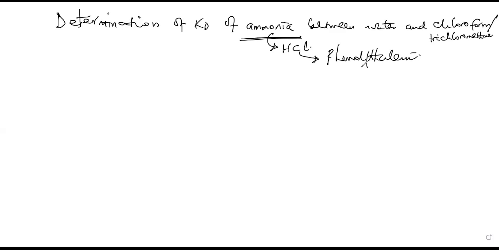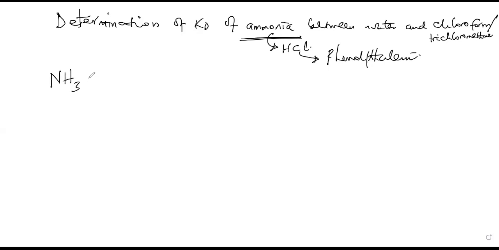Then you add water, of course, and shake until equilibrium is established at constant temperature. Then you separate the layers, and a fixed volume of the organic layer is pipetted and titrated against hydrochloric acid using phenolphthalein indicator. Our hydrochloric acid is going to react with ammonia.